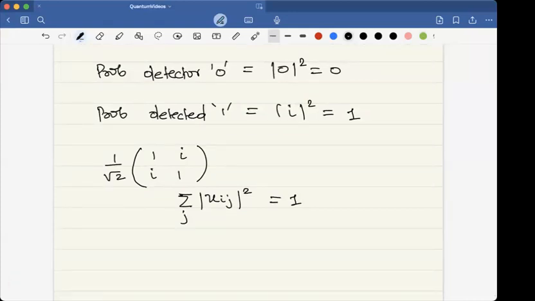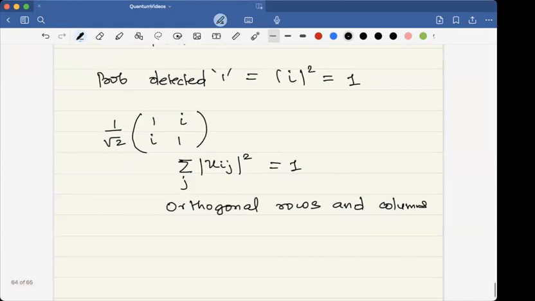In addition, the row sums and the column sums add up to 1, but also the rows and the columns are orthogonal, in the sense that one has to apply the complex inner product, right?